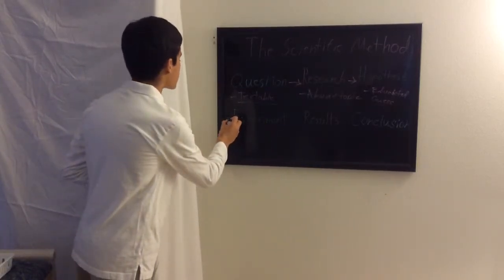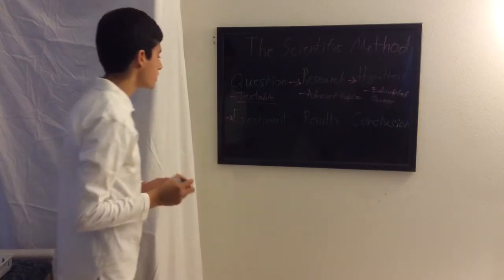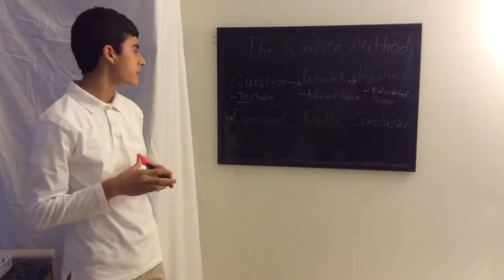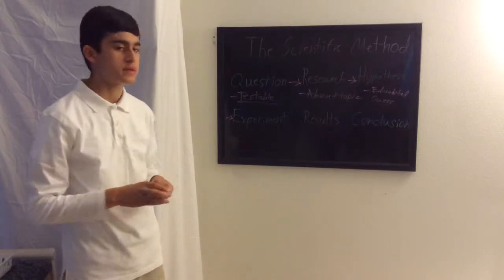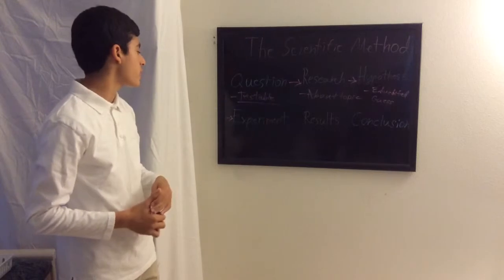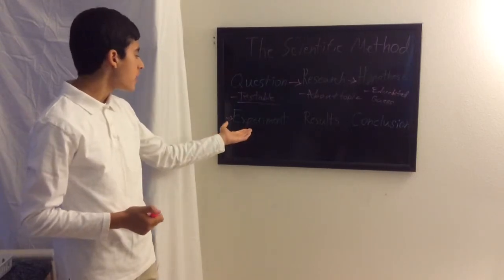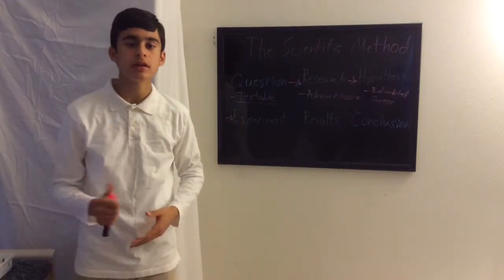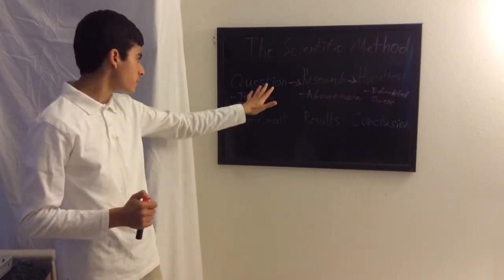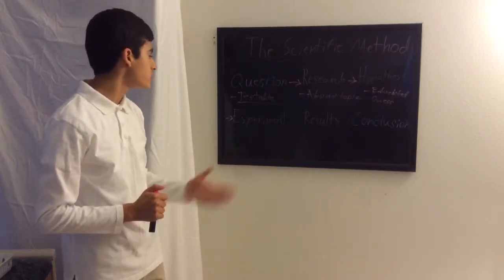So then the next step is to actually go out there and experiment. Ultimately the goal of the experiment is to come up with some data, some results, some observations, so you can answer your question. Experiments should be accurate, and ultimately they should fulfill the goal of answering the question.